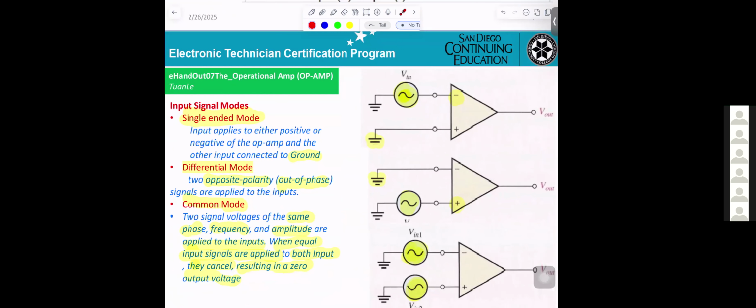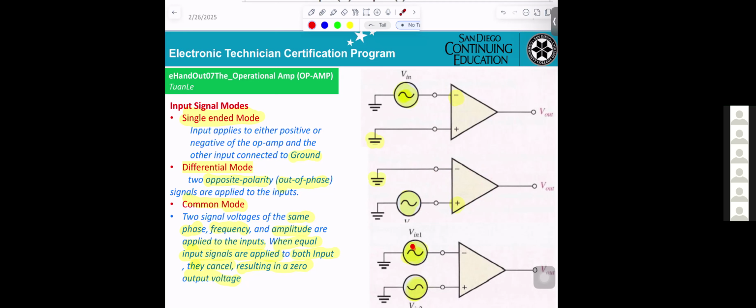Now, if you're looking at the different op amps shown here, this one has only one input applied, with the other grounded. And the other op amp has the signal applied to the positive, with the negative grounded.